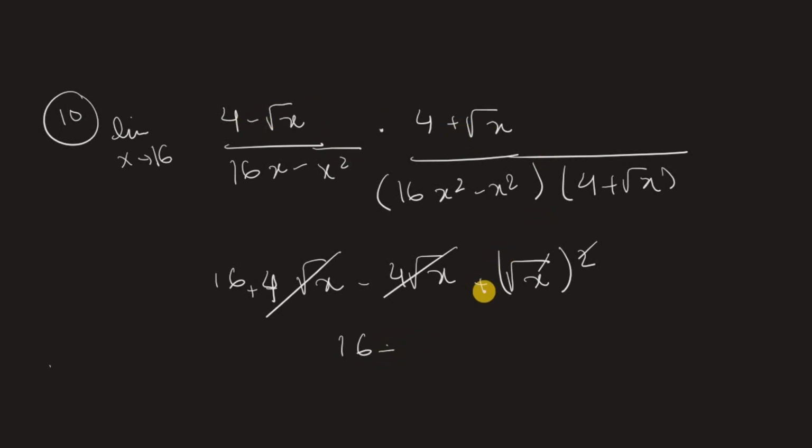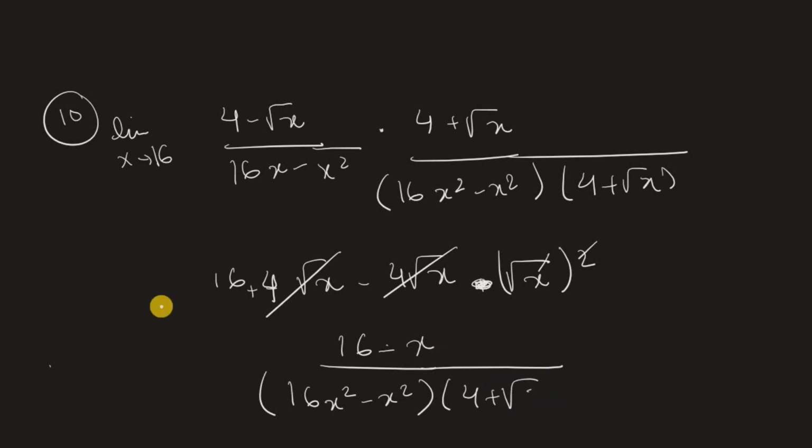That was a negative and positive, so this has to be negative, sorry. So then you're left with 16 minus x, and at the bottom you'll have 16x squared minus x squared, and then you have this. And if you put the limit inside, the limit as x approaches 16, and solve this, you should get 1 over 128.